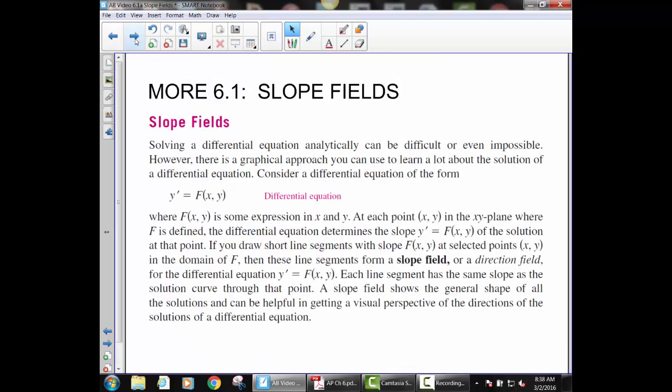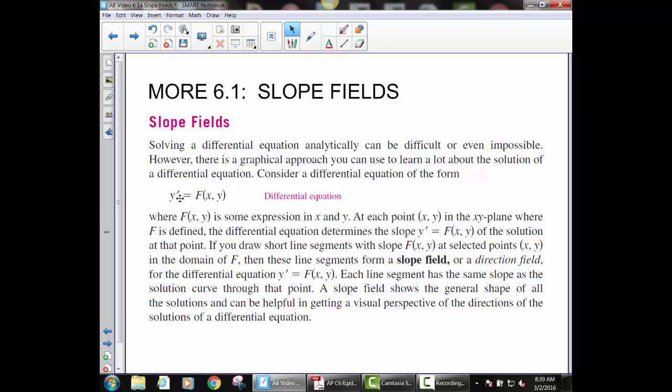Okay, so now slope fields. This is right out of the book. Solving a differential equation analytically can be difficult or even impossible, as you saw in that last one. However, there is a graphical approach you can use to learn a lot about the solution of a differential equation. So consider a differential equation of the form y prime equals f of x y.